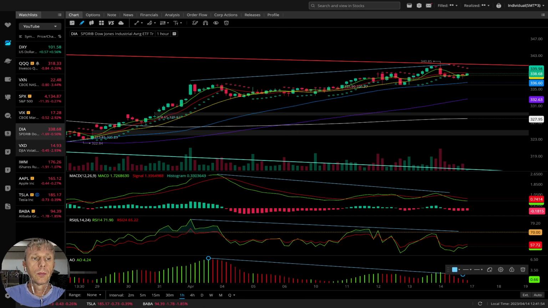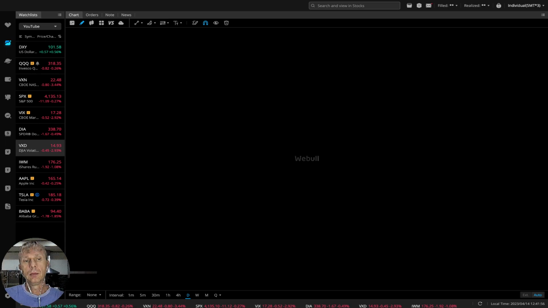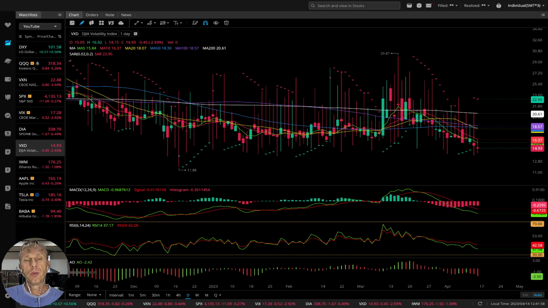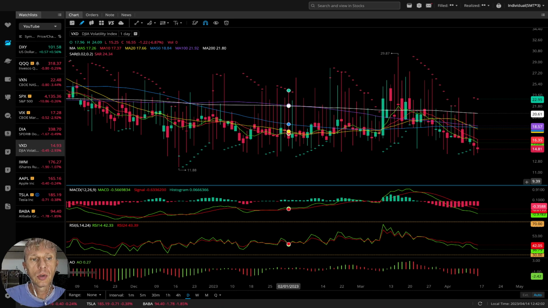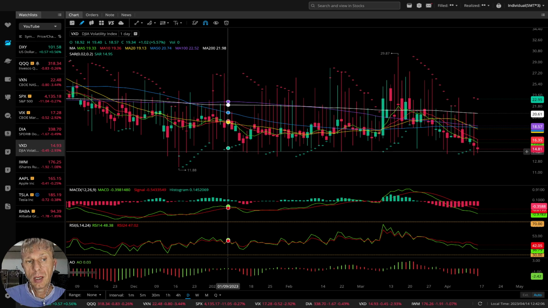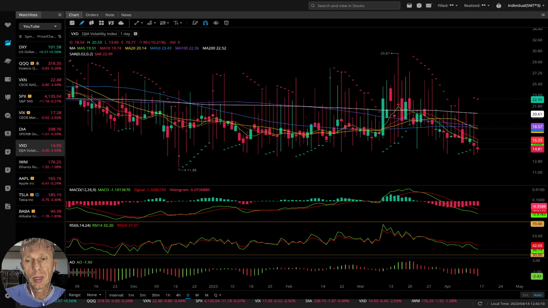Let's move to VXD. It's the volatility index for Dow Jones, also minus 3%. Dow minus 0.5% and VXD minus 3. It should be plus 3. Something broken, something disconnected on the market.